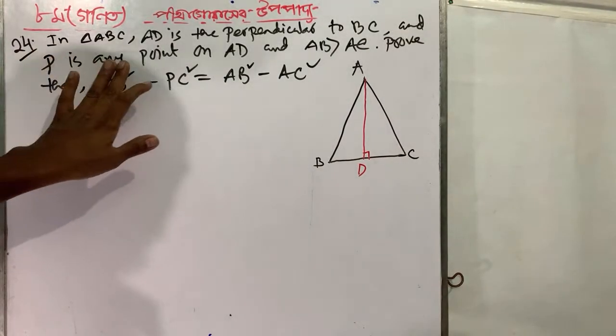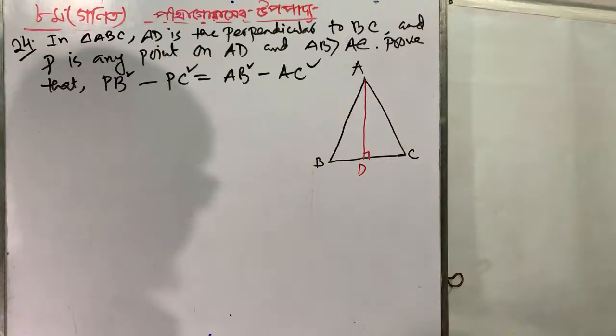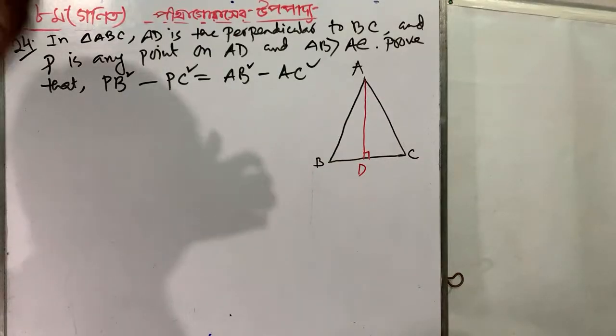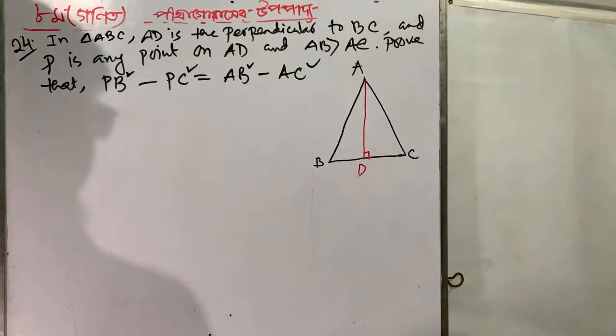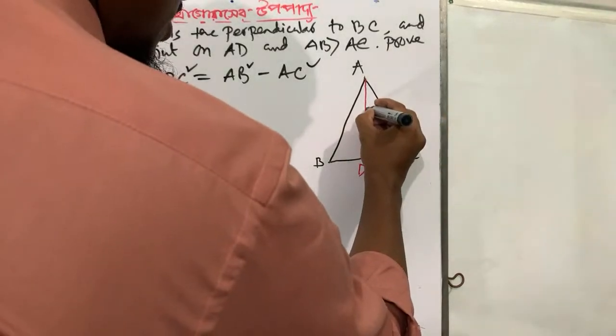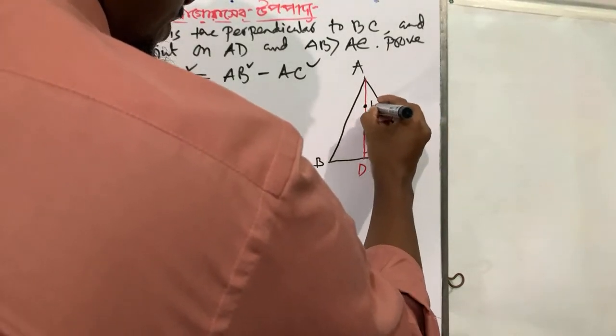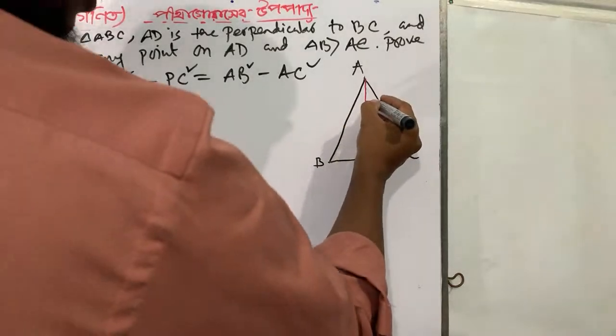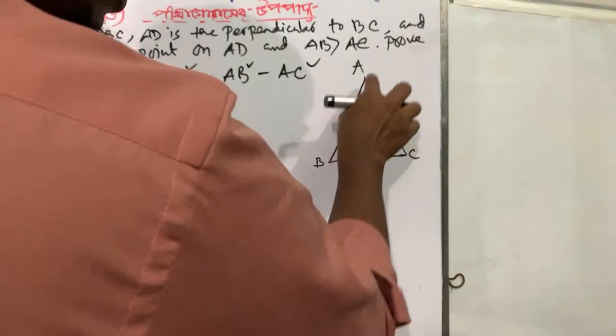Now P is any point on AD. Okay, let us consider this point to be P. So remember, P is any point, meaning that P could be anywhere on this line.